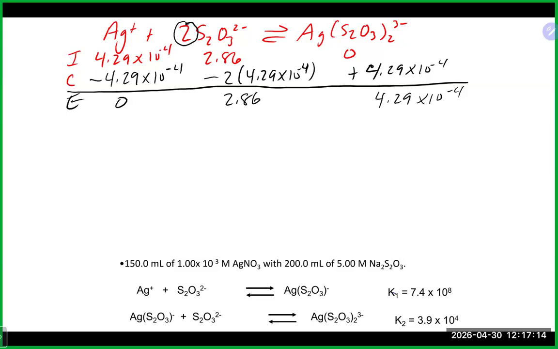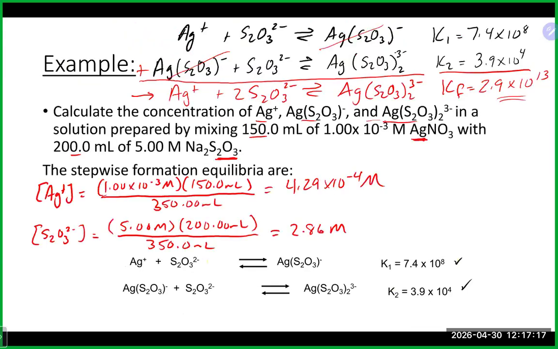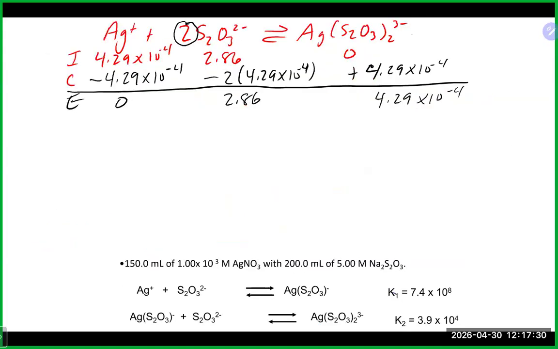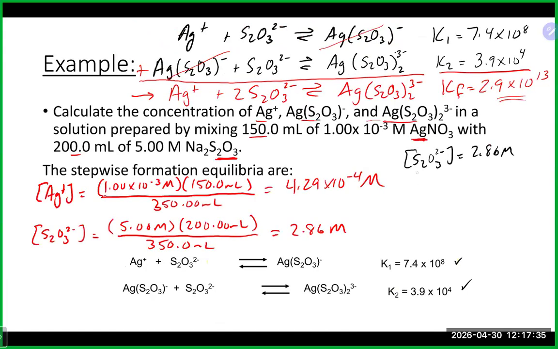We obviously know that the concentration of S2O3 2-, which I'm not sure was actually asked for, is 2.86 molar, right? We also can see that the concentration of our complex ion here at equilibrium is 4.29 times 10 to the minus 4 molar. So we got this guy done. We have our complex ion.